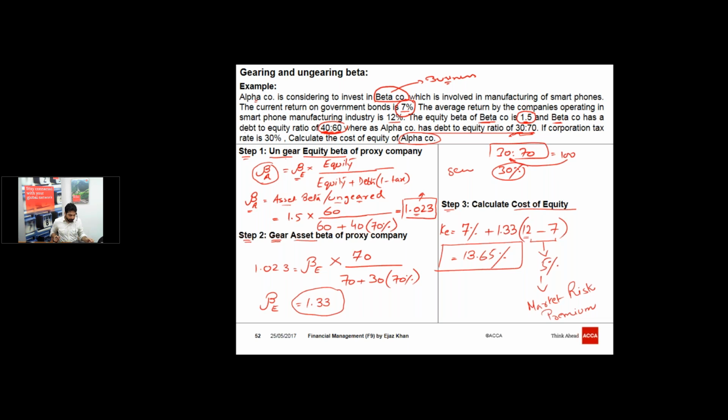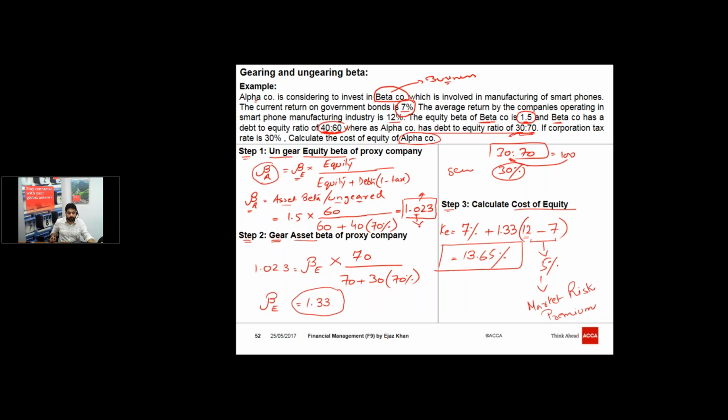In case alpha company was an ungeared company, that is a 100% equity financed company, its equity beta would have been the same as its asset beta.